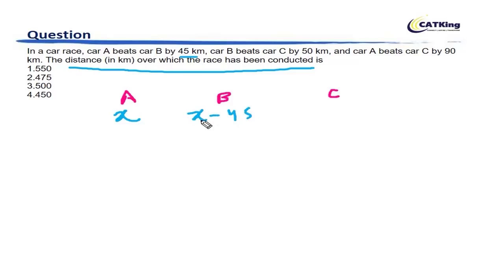Car A traversed x kilometers, so car B traversed x minus 45 in the same amount of time. Now car B beats car C by 50, which basically means that when car B had traversed the distance x, which is the complete distance over which the race has been conducted, in that duration car C traversed x minus 50, right?